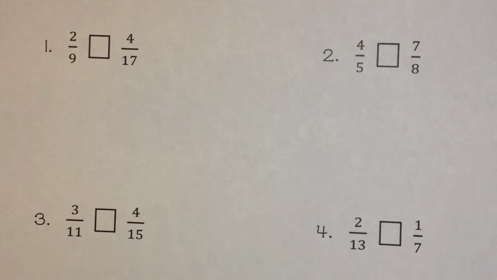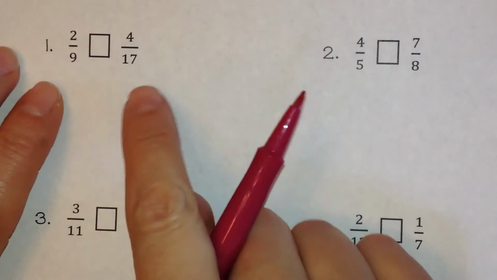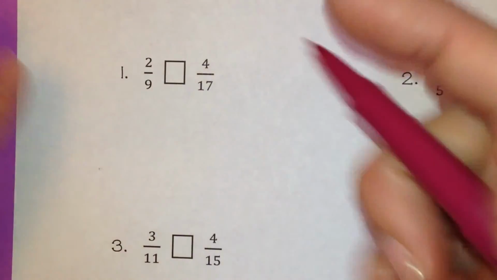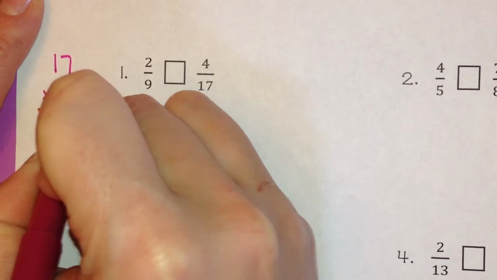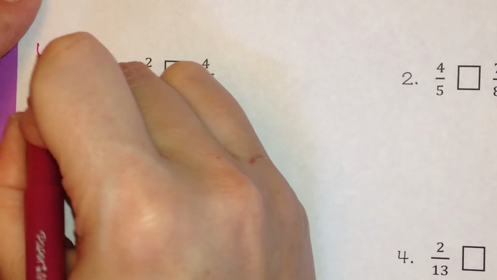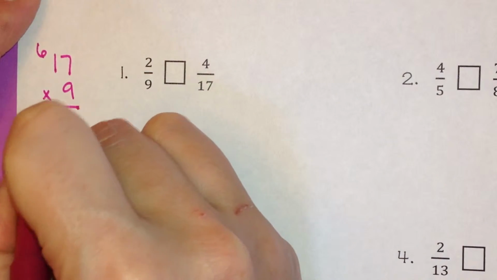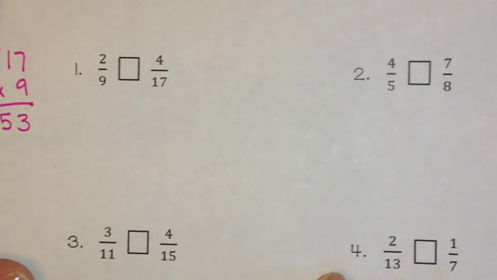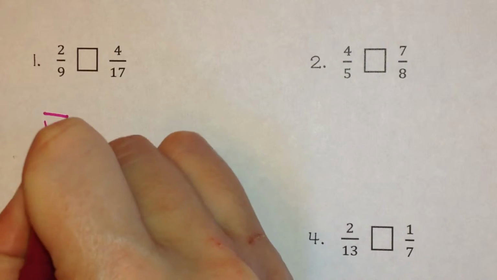Because I don't believe there's a least common multiple that's smaller than multiplying them together, I'm just going to multiply 9 times 17, and you can just do that to the side. 17 times 9. So we have 9 times 7, 63. 9 times 1 is 9, plus 6 is 15, so 153. So I know that my common denominator is 153.